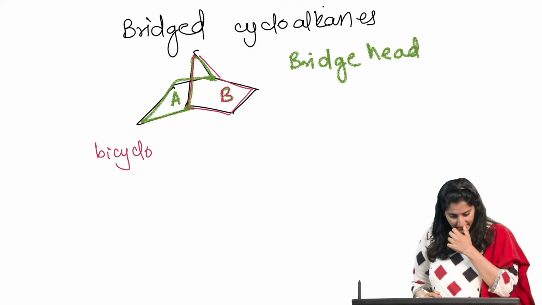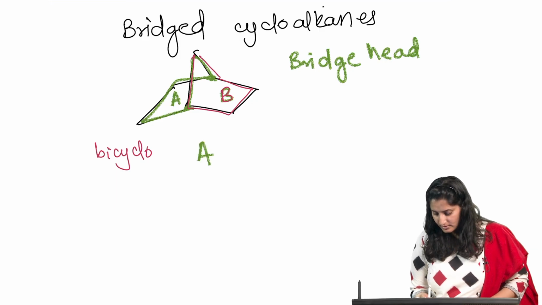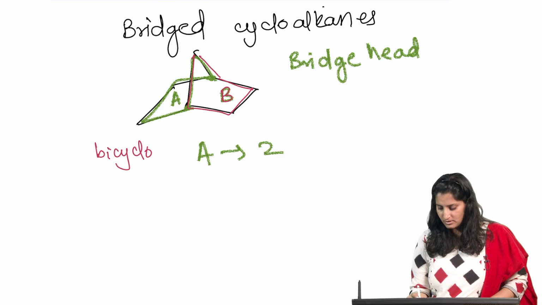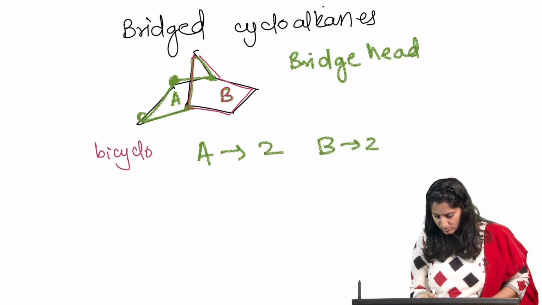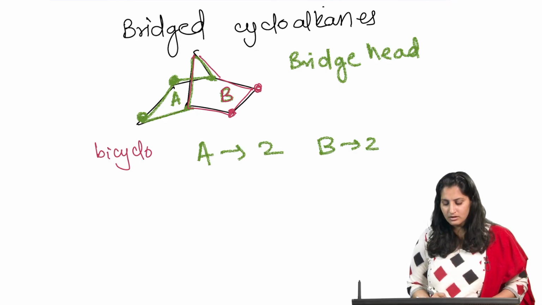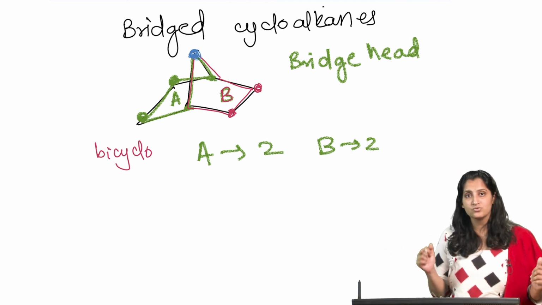So, if I look at the carbons in ring A, it has 2 carbons, B also has 2 carbons. So, A has 1 and 2, B has 1 and 2. These are the 2 carbons each, and if you count the number of carbons on the bridge, there is 1 carbon which is shared between these 2 rings.